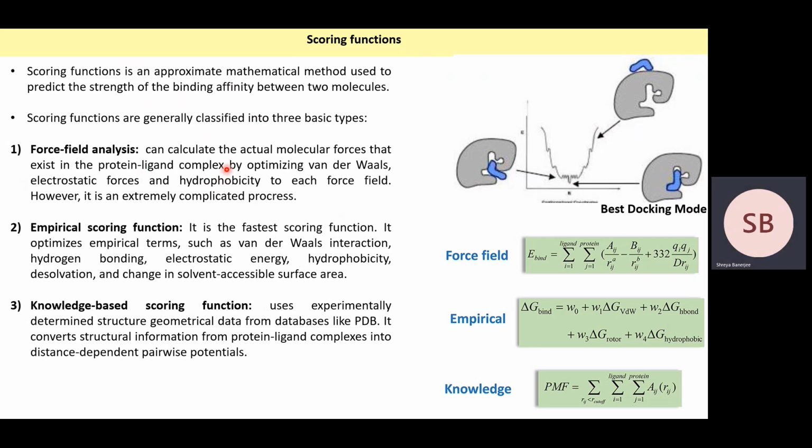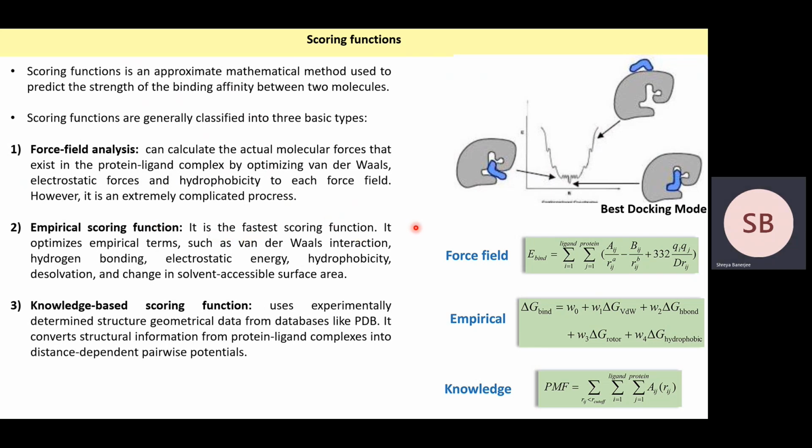Scoring functions are generally classified into three basic types. Force field analysis, which can calculate the actual molecular forces that exist in the protein ligand complex by optimizing van der Waals, electrostatic and hydrophobic forces to each force field. But the problem is it is an extremely complicated process and it takes a long time. Next is the empirical scoring function.